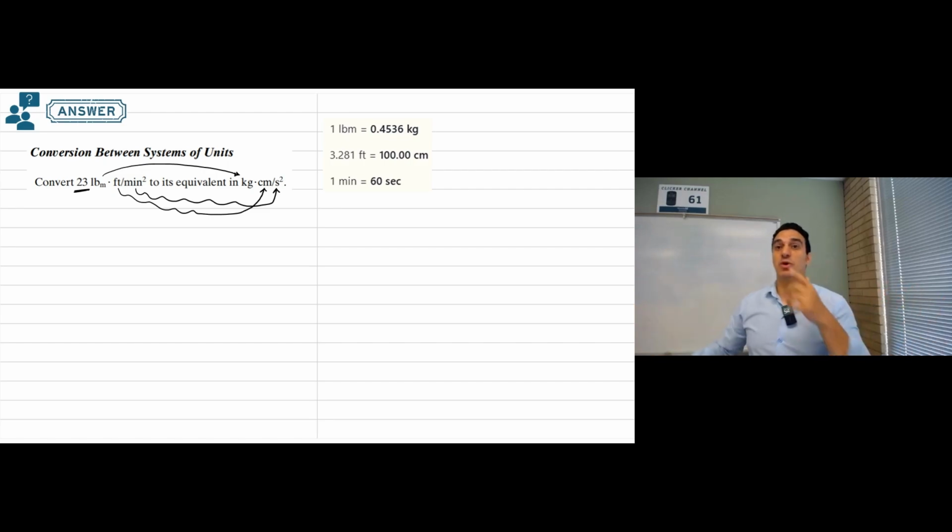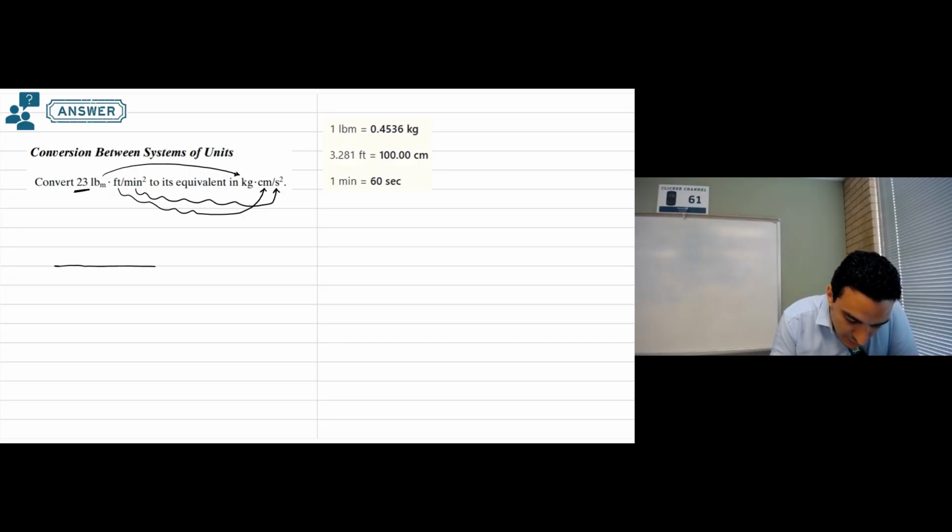And of course, 1 minute is equivalent to 60 seconds. So we should make a line like this and start to put in the given from the example. Here we have 23 pound mass feet per minute square.